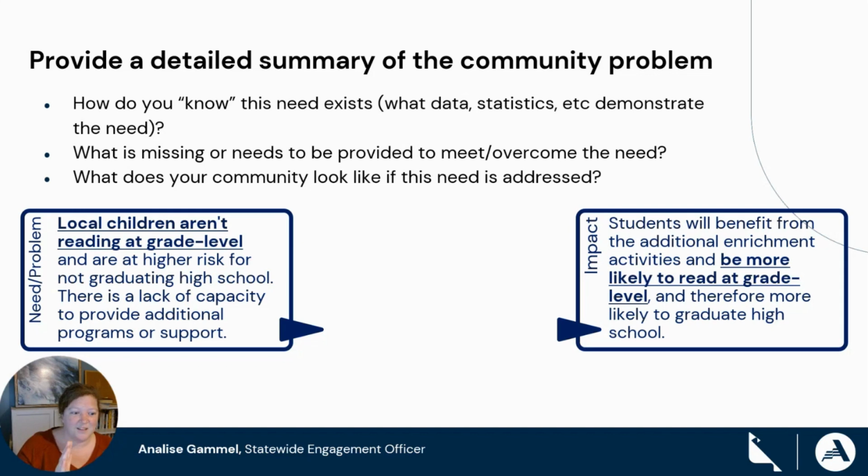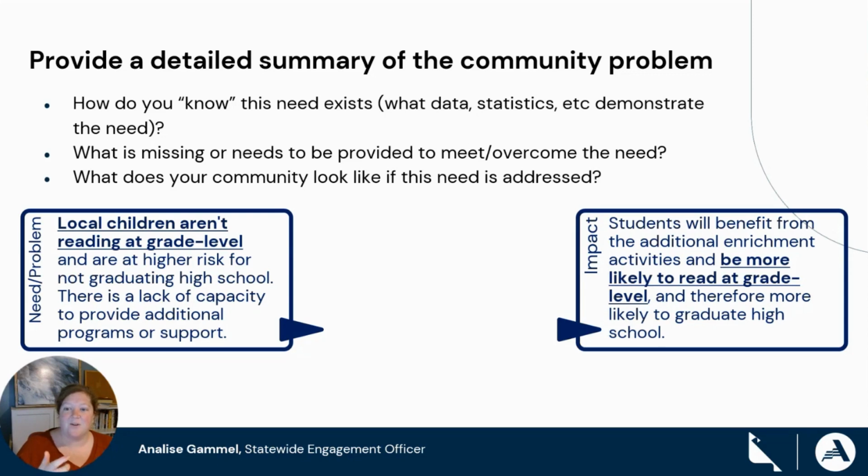I have here an example that I'll use throughout the presentation to harken back to, where I've described the need, that local children aren't reading at grade level. It's specific enough that it tells me what my scope is. So I'm not just saying kids are struggling in school, but it's not so specific that I have cornered myself into one solution yet. And then here you'll see that I have painted an impact.